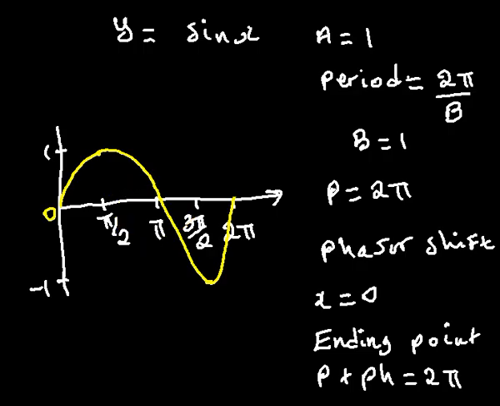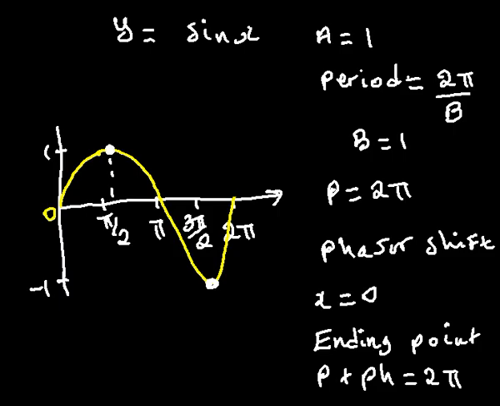The amplitude corresponds to the distance from the origin position either up or down. This point is said to be the maximum point, and this is said to be the minimum point. What are the coordinates here? The coordinates associated with the maximum position are: what is the x value?